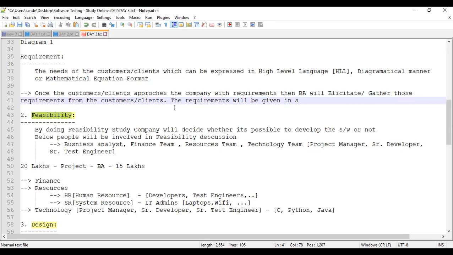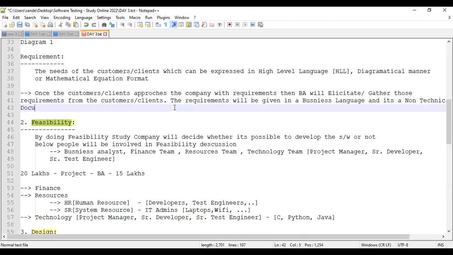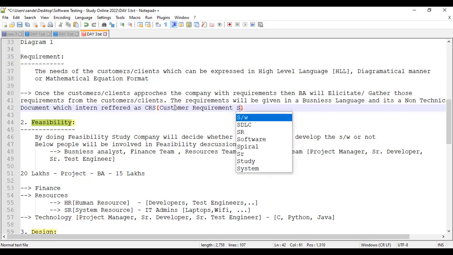I can just say it will be given in business language, and it's a non-technical document, which in turn is referred to as what? It is referred to as CRS. Sir, what is CRS, sir? Customer requirement specification.